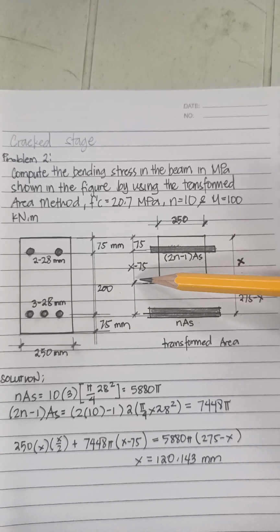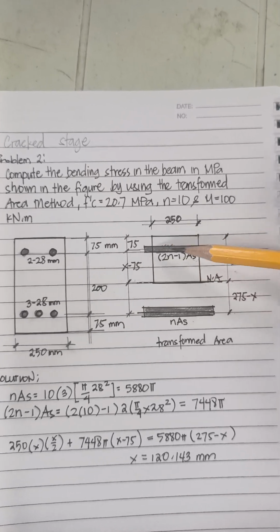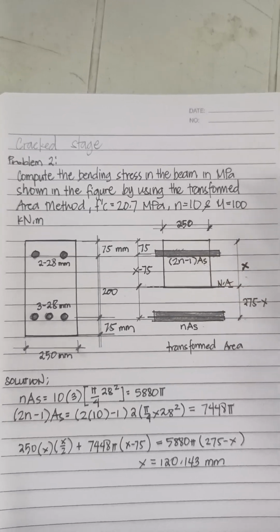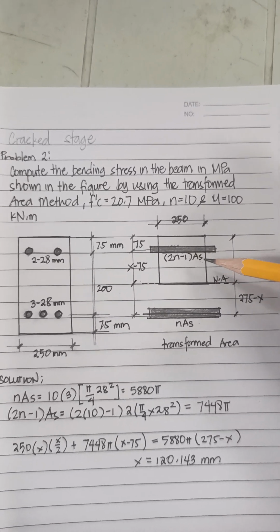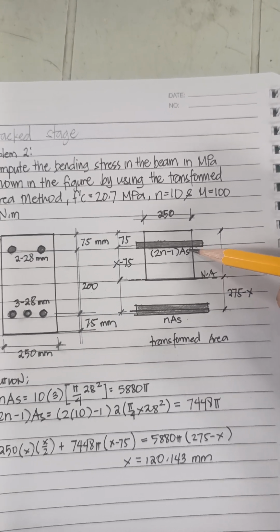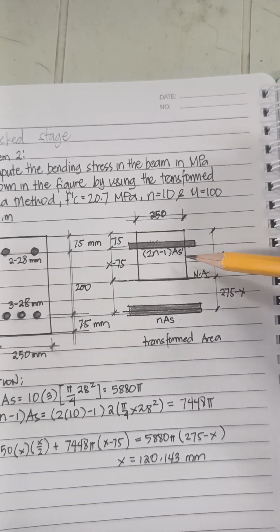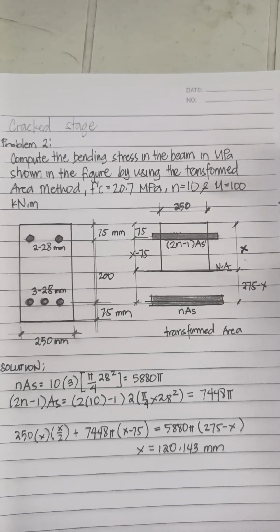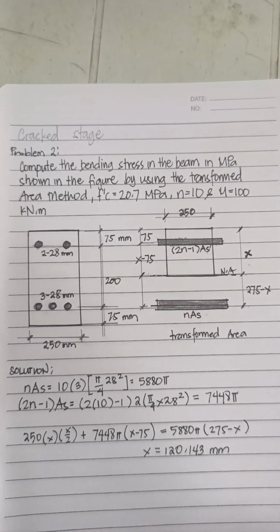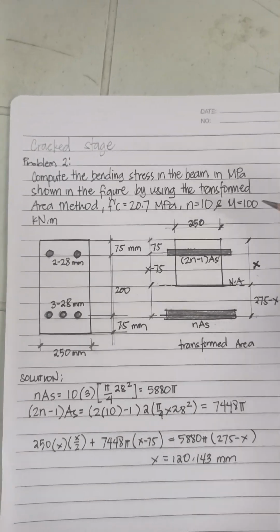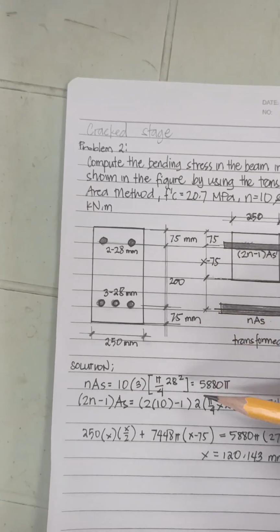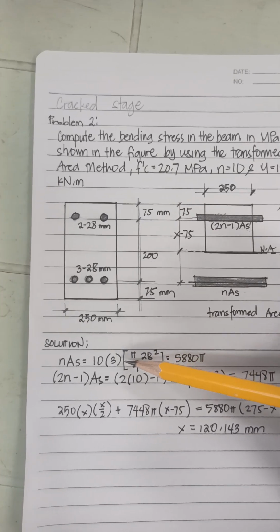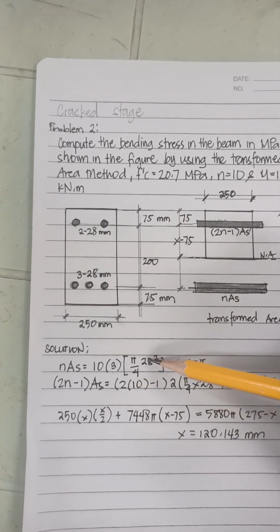And from the neutral axis to the centroid of the compression steel is x minus 7.5. For compression steel, we usually have a prime, As prime. When it is only As, the tension steel is the one being considered.